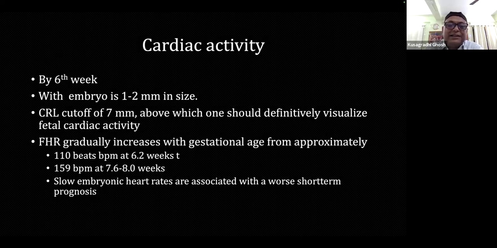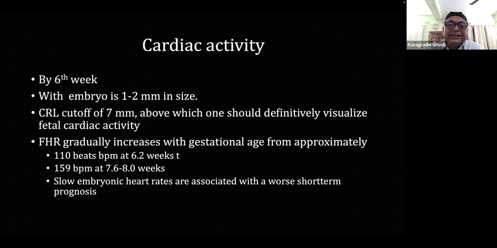Now, there is an interesting article by Rodriguez, which was published, I think, this year, January or last year, December, which says that instead of writing heart, we should be writing cardiac activity. Because they said that heart is not yet formed at that point of time, and putting it as a heartbeat puts a little bit of a notion that, yes, we have checked the heart is fine. So that is something which can be taken up for discussion later.